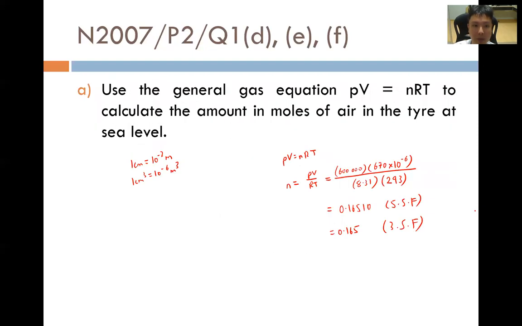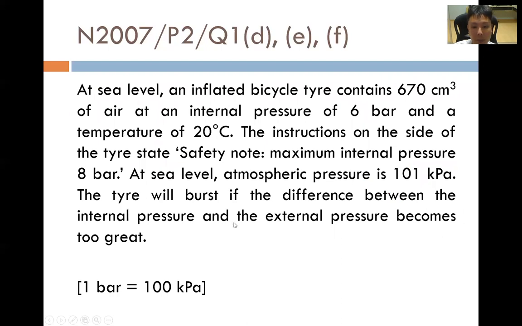Okay, so if you go back to the previous part of the question, it basically says that the tire will burst if the difference between the internal pressure and the external pressure becomes too great. And they tell you that the maximum internal pressure is 8 bar, right? So 8 bar means 800 kilopascal, and the atmospheric pressure is actually 101 kilopascal.